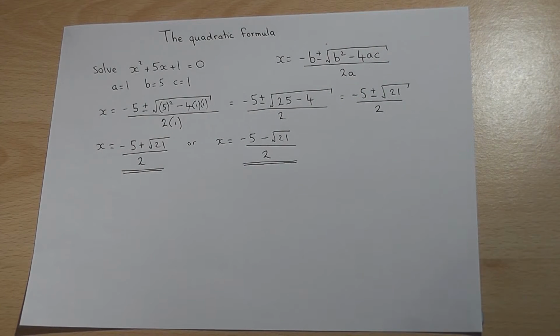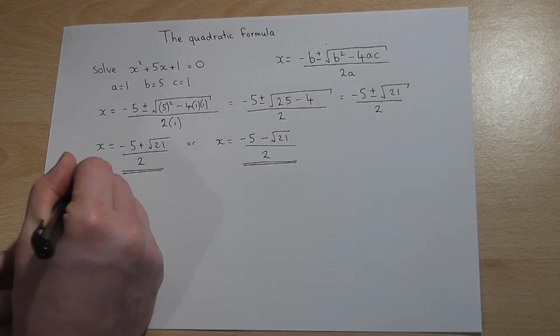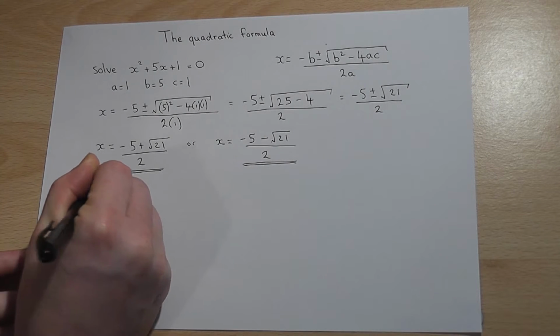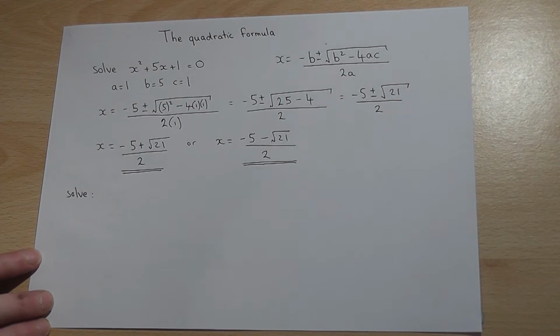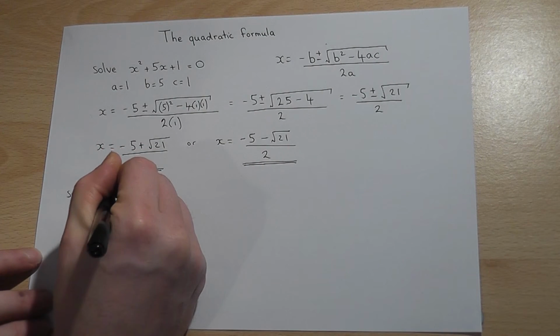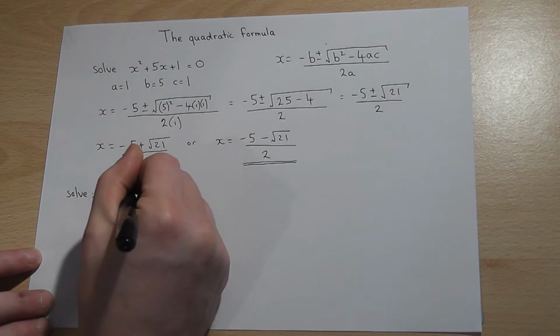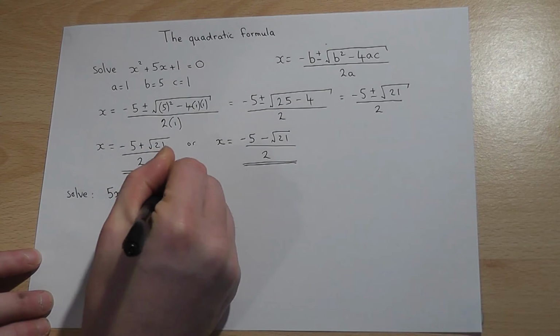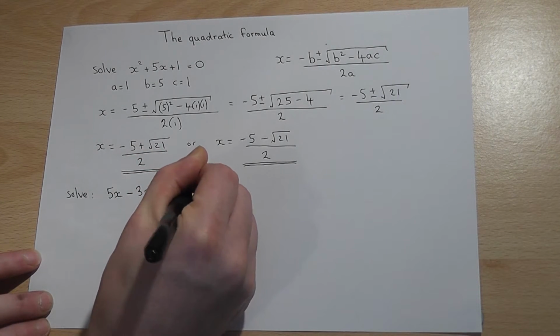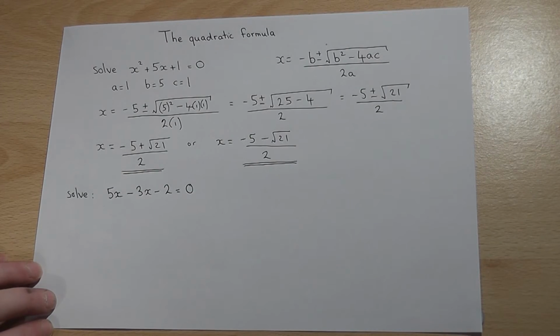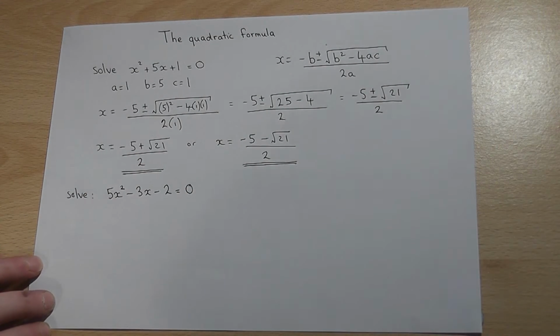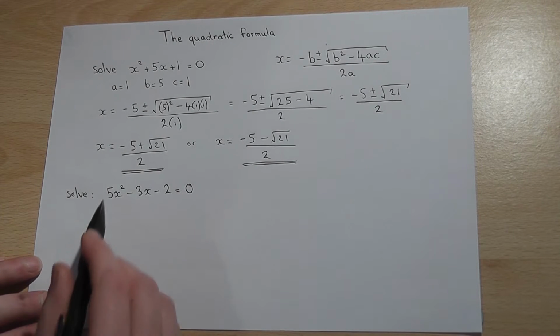We'll now run through a second example where the coefficients are not quite as easy, but the solution follows the same steps. Our expression will look like this. This is another example of a quadratic.